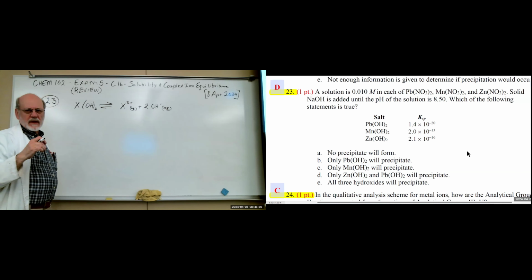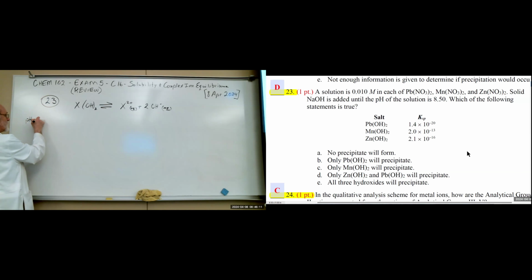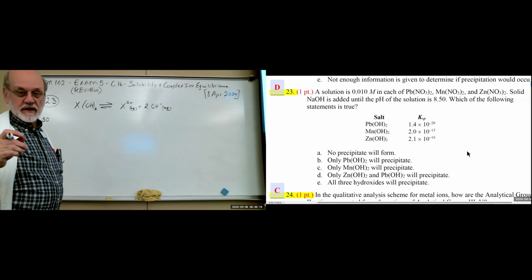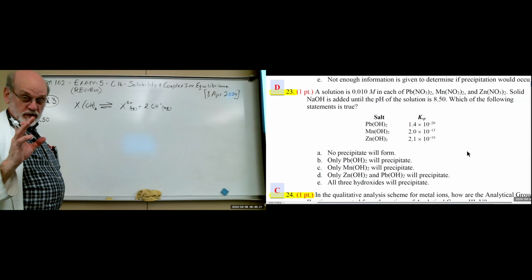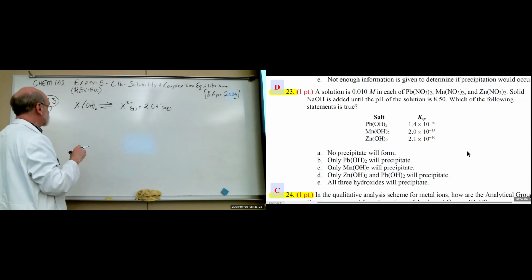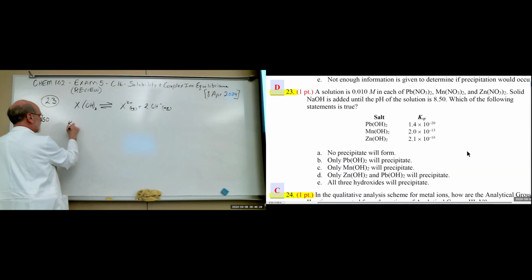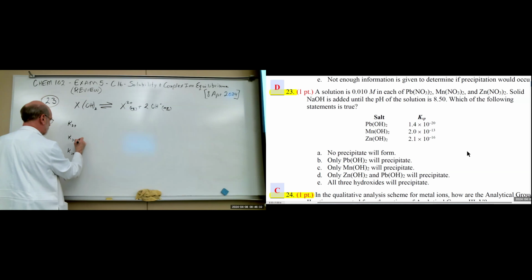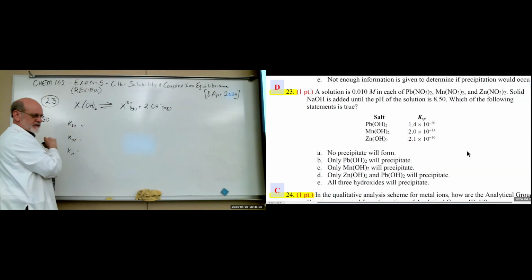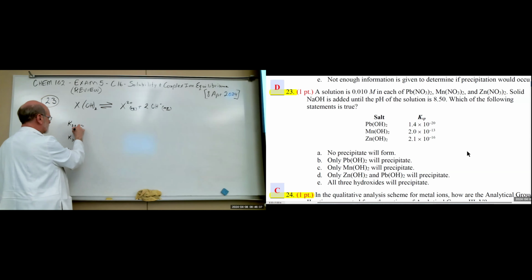So we also know the pH is equal to 8.5. If we want to determine which of the following will precipitate, we need to know their KSPs. So let's keep them in order: lead, manganese, and zinc.